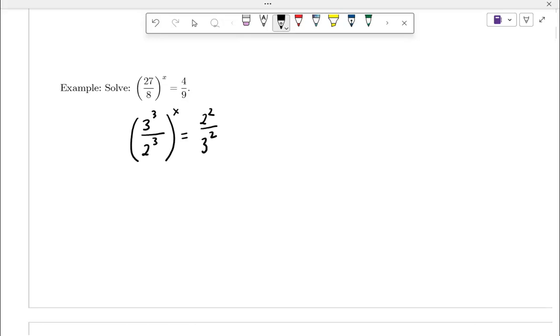I've got a 3 here for my exponent and a 3 here for my exponent. You can pull it off to the whole fraction, right? Do the same thing with the 2 and the 2 here. So let's do it this way. I'd have 3 halves cubed raised to the x, and I would have 2/3 squared.